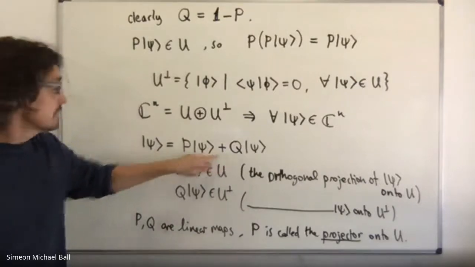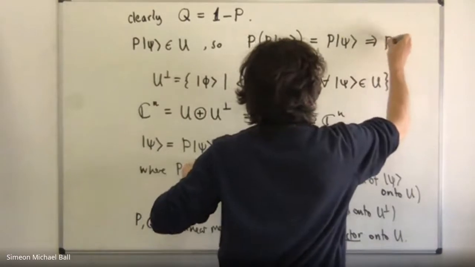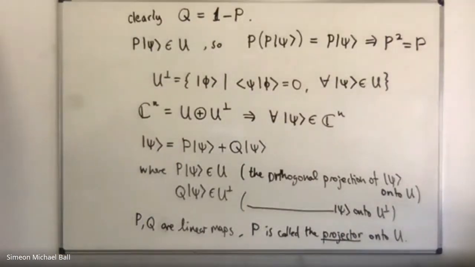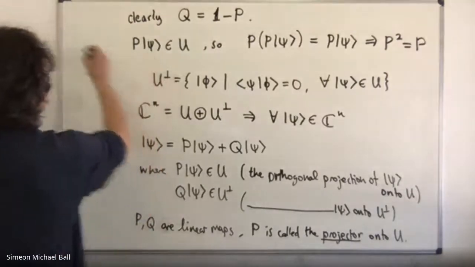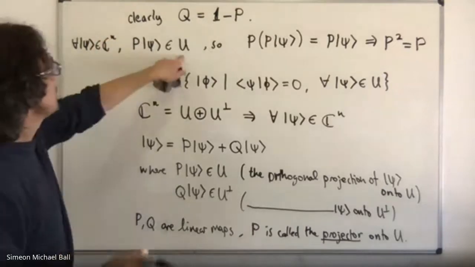It's just going to be itself, because it's already in U. So this implies these linear maps have a nice property: P squared is equal to P. So for all phi in this space, the projection of this is in the subspace, so if I apply the projection again, it doesn't move.